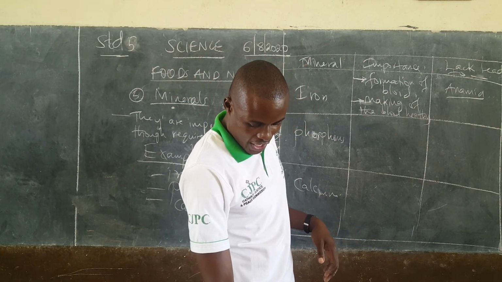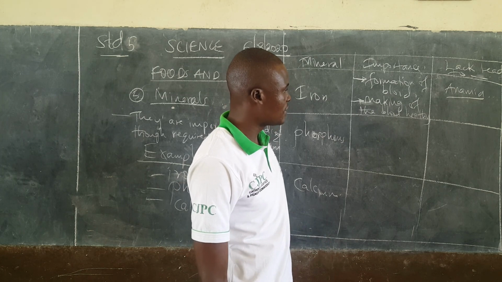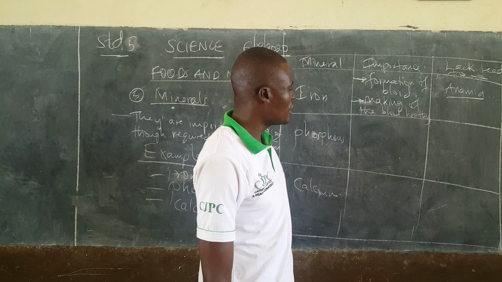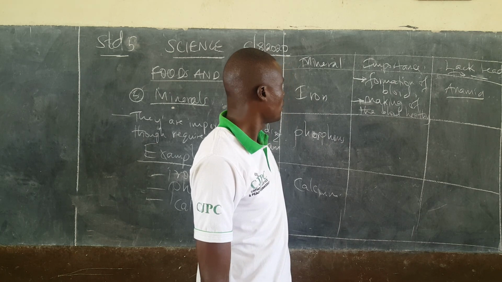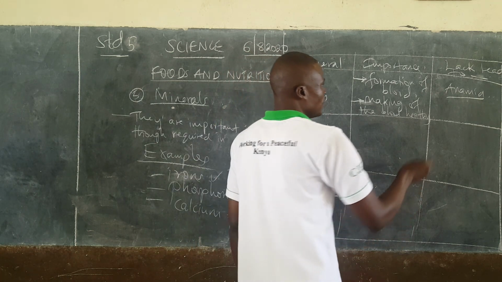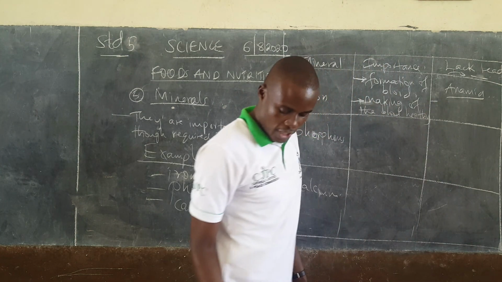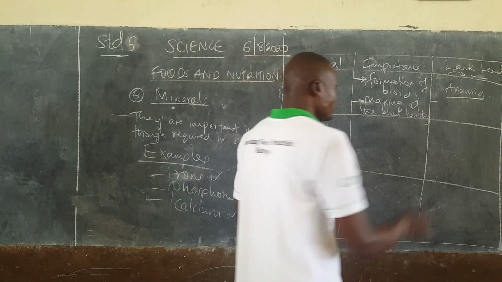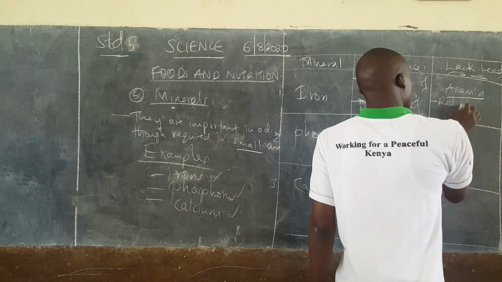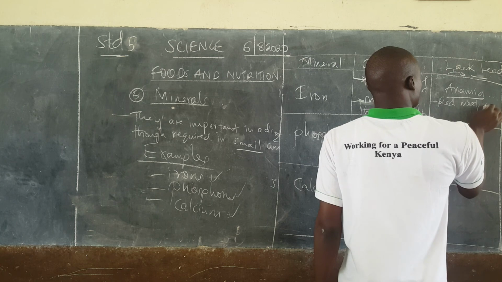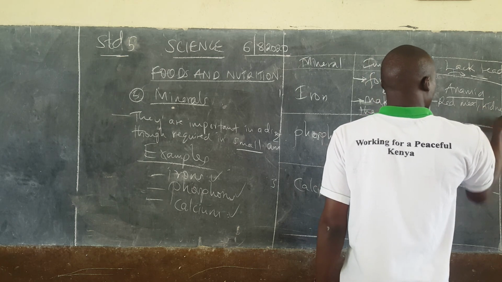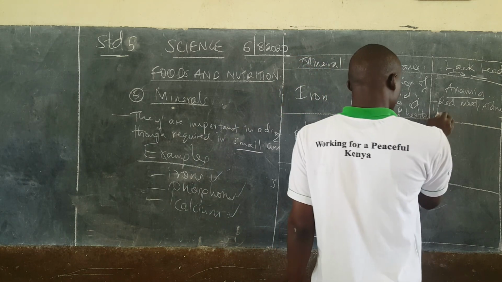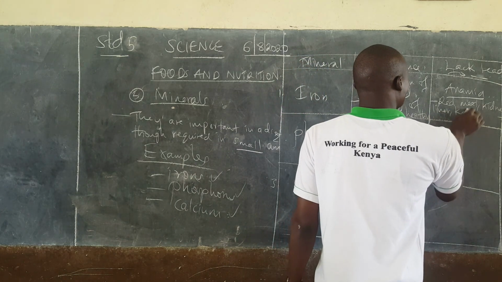Then foods rich in iron include meat. We need to say foods rich in iron, we can include them here. Foods rich in iron include red meat, kidney, liver, and kales.